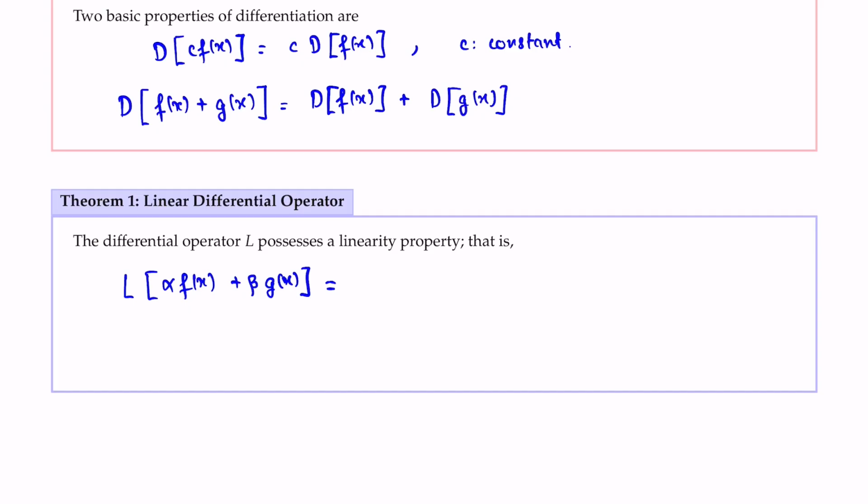A linear differential operator applied on a linear combination of functions is equal to a linear combination of the differential operator applied on each, so alpha times L applied on f of x plus beta times L applied on g of x. In this case, alpha and beta are constants.